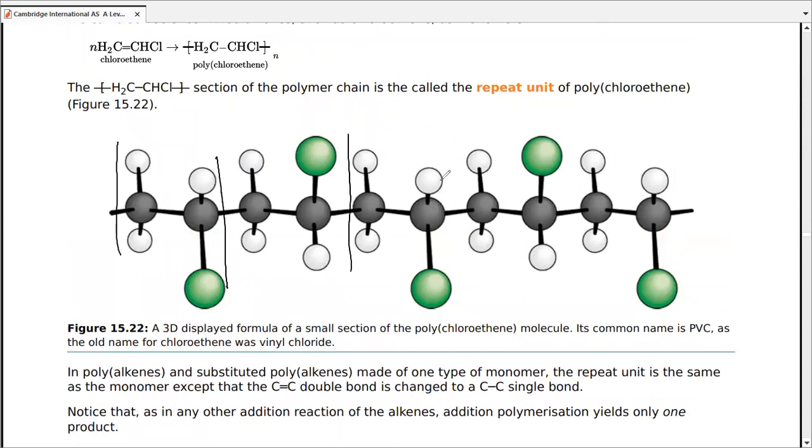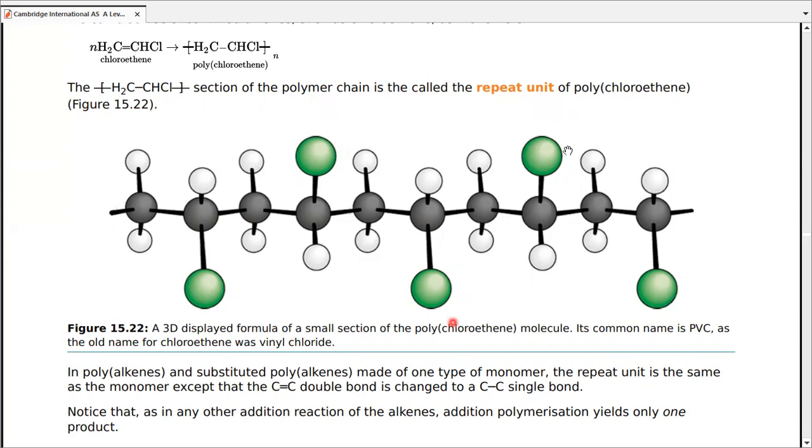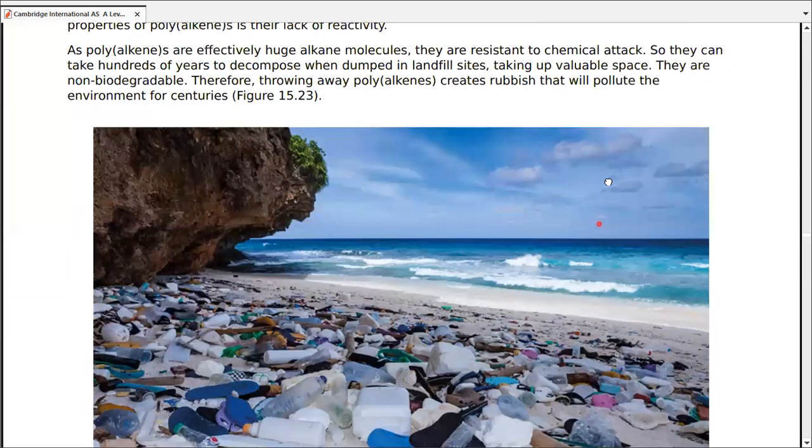One repeat unit, two, three, four. Take a look, fluorine is facing downwards, upwards, downwards, upwards, downwards. But these are all the same repeat units. They tend to do this to make it more difficult for you. Don't get confused by this. This is still the same thing, and it is catered to in the same way.